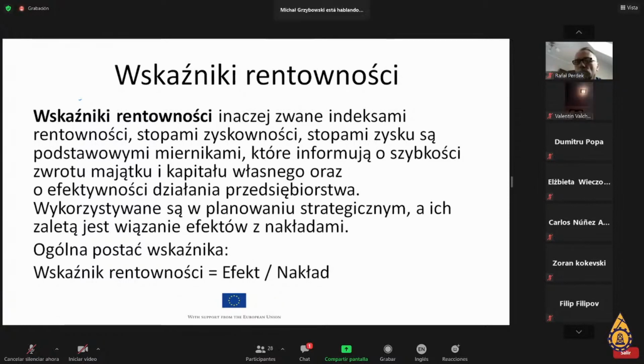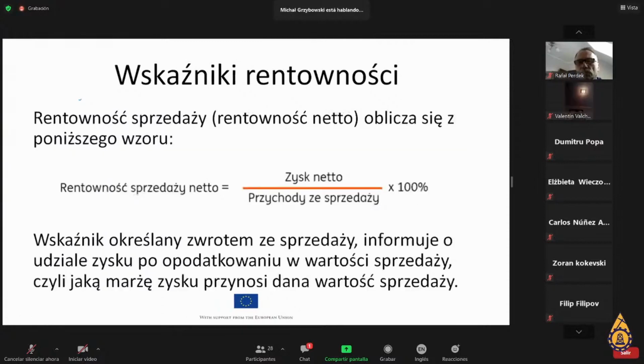There are also the profitability ratios we should study, and they tell us about the profits generated by a company. It tells us how well a company is doing on the market, in a free market economy. And there is a number of such profitability ratios. The general formula to calculate such a ratio is the effect divided by effort.